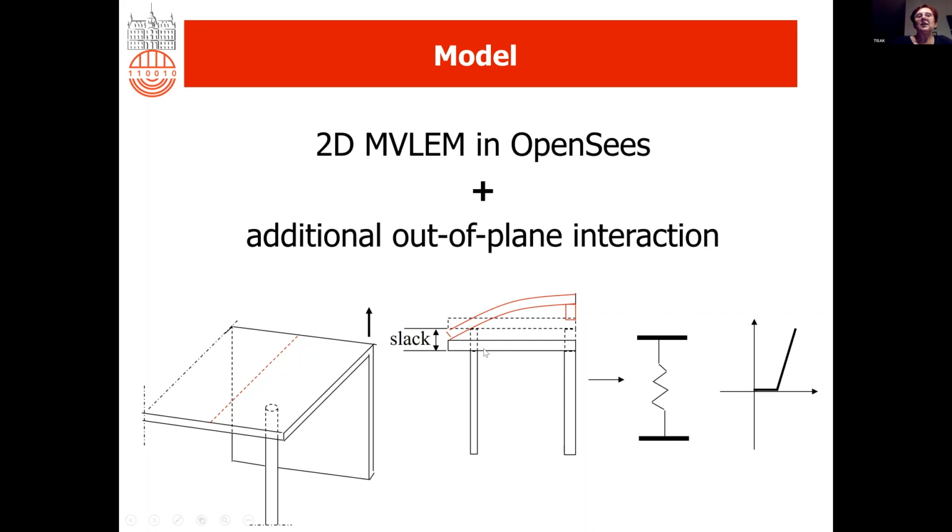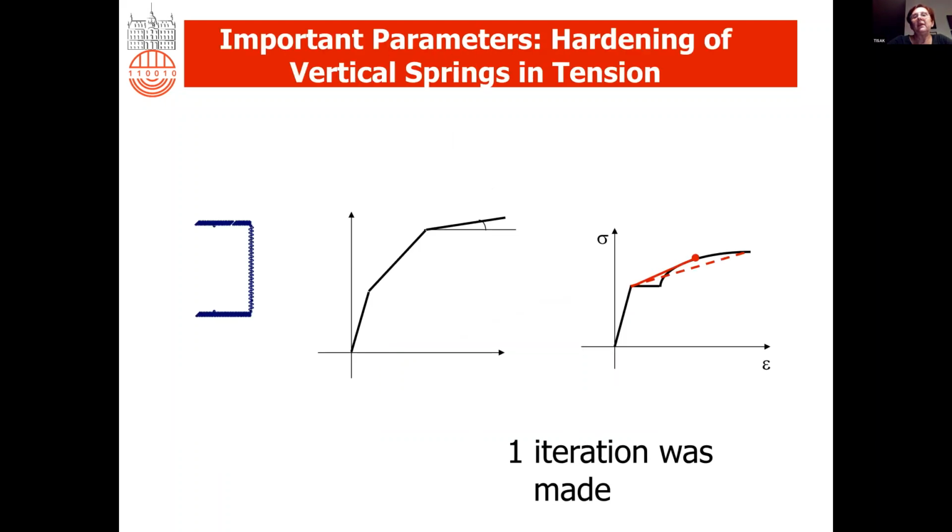So we decided at each story to add some springs to model this closure. And because of that, we got a very good response. And our prediction actually was the best of all.